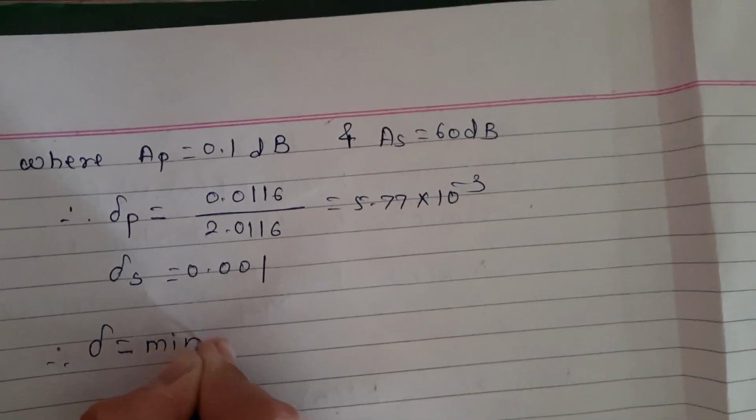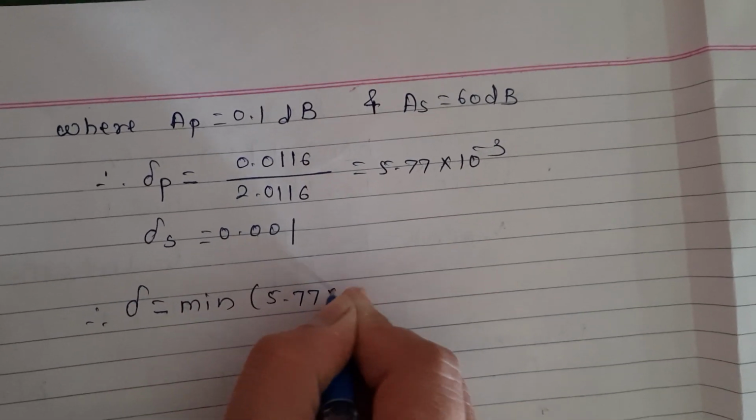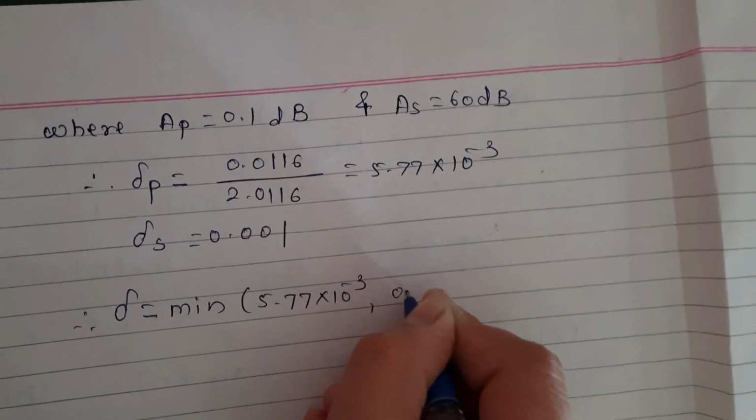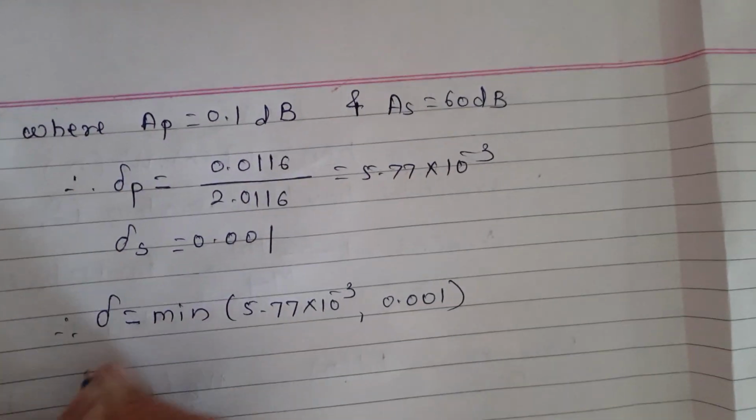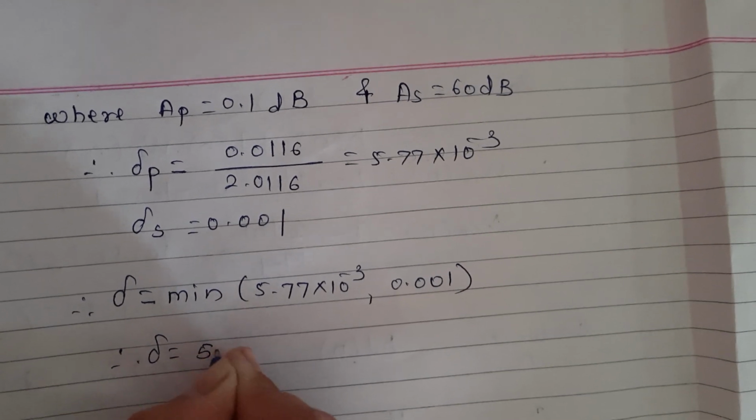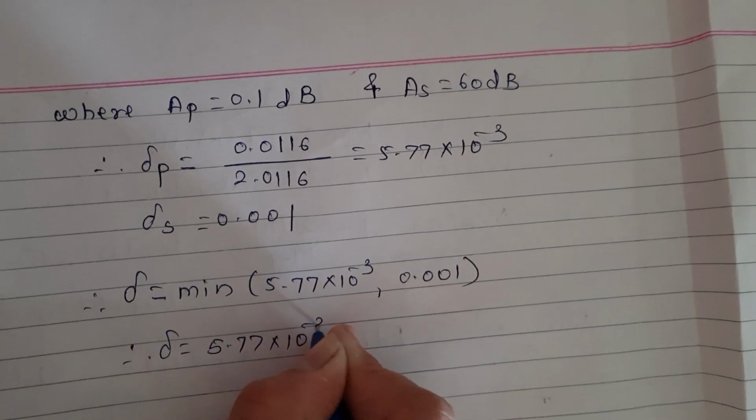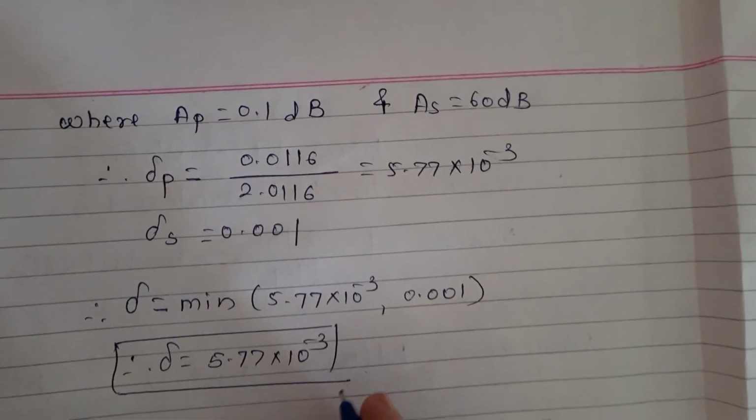So the value is 5.77 into 10 raised to minus 3.